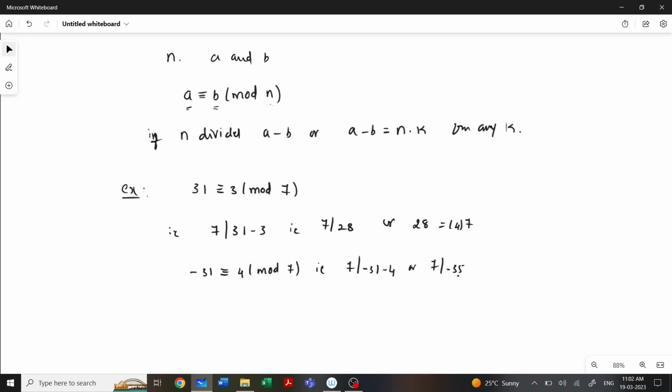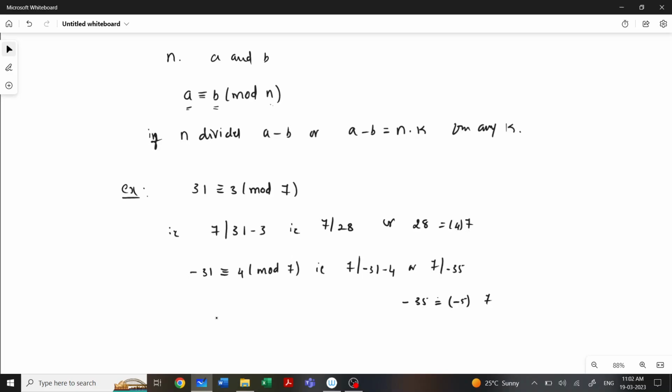Minus 35 can be written as some number multiplied by 7. What is that number? It is minus 5. So 7 into minus 5 is minus 35. So we may get a positive or a negative number. So this is congruence modulo n.